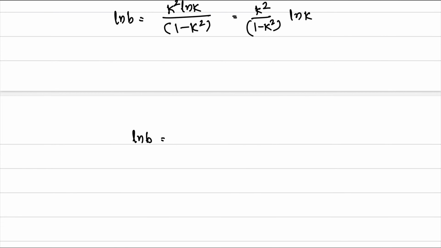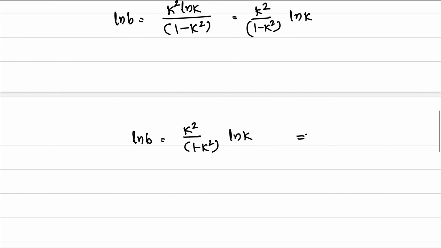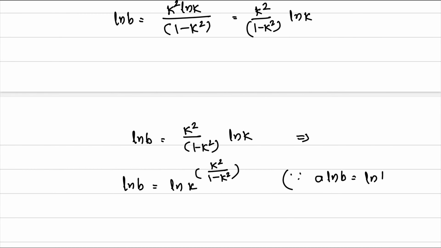So ln b is equal to k square by 1 minus k square into ln k, which implies ln b is equal to ln k to the power of k square by 1 minus k square, because a into ln b is equal to ln b to the power of a.